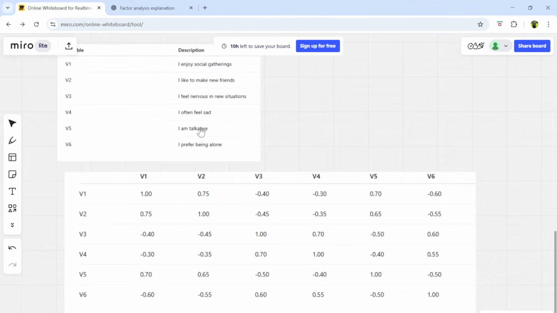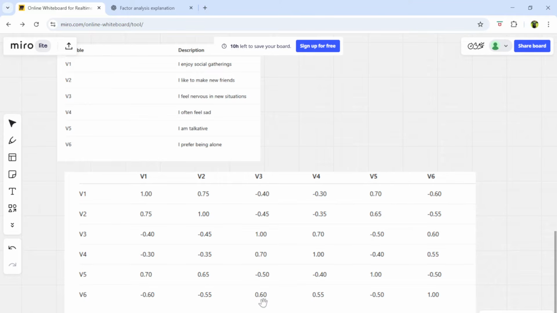Then let's look at the remaining variables, variable 3, variable 4, and variable 6. Variable 3 versus variable 4 is 0.70, a strong relationship. Variable 3 against variable 6 is 0.60, which is also a positive relationship.